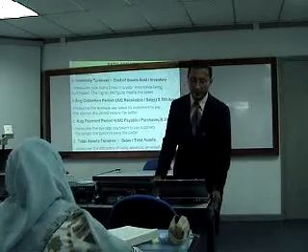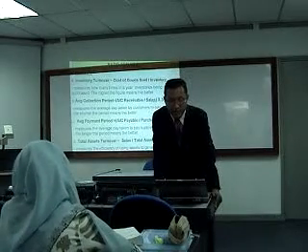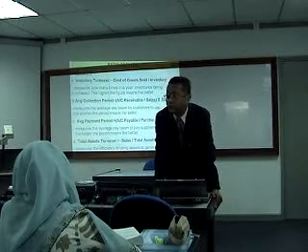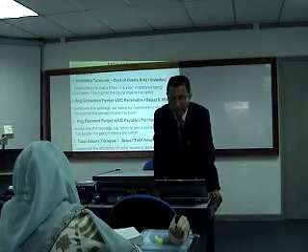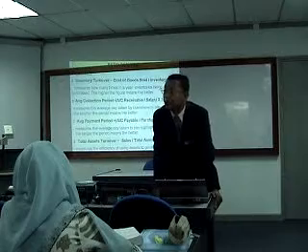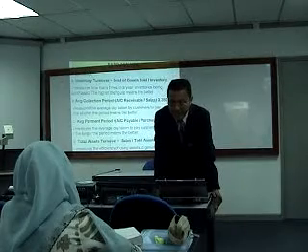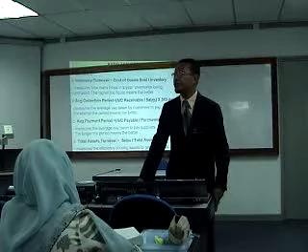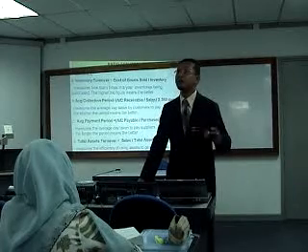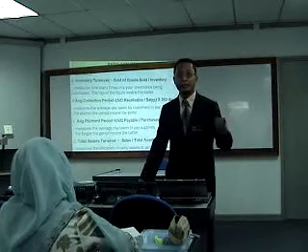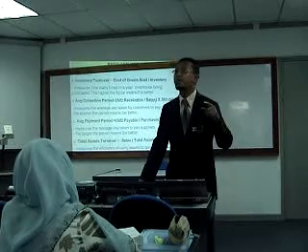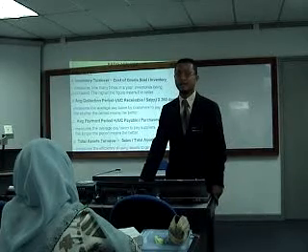And C, average payment period. The formula is accounts payable divided by purchases, multiplied by 360 days. This is the same as the collection period, but instead of measuring the ability to collect, it measures the ability to pay your suppliers.